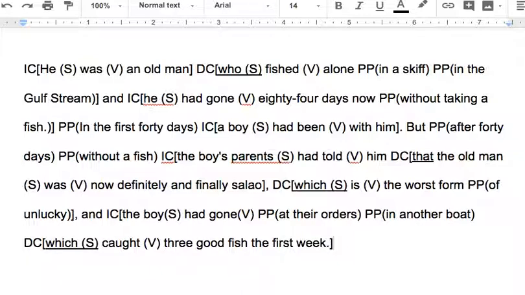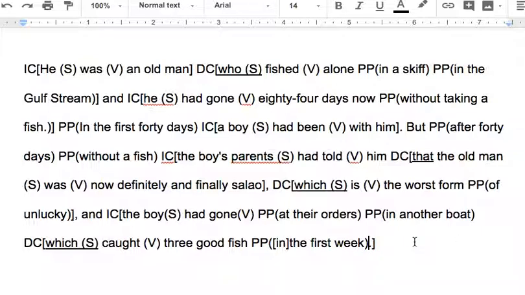This is an interesting one because if you see the first week, he's really saying in the first week. So sometimes you're going to find that you have to insert words to figure out what a phrase or a clause is. So let's make that a prepositional phrase, in the first week.